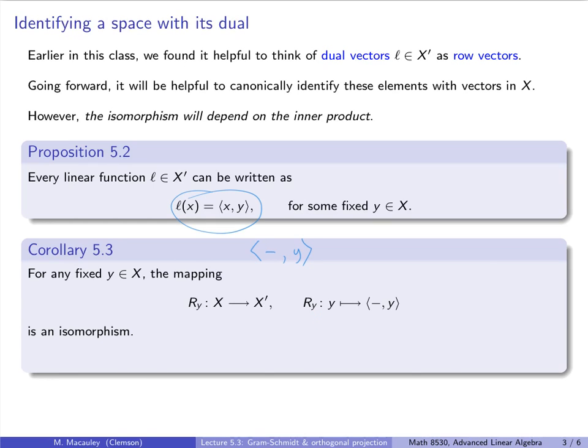I'm calling this r y, but there is also an analogous isomorphism, call it L x, that takes a vector x and plugs in something to the right-hand coordinate and sticks x in the left-hand coordinate. Now these are really almost the same map because this inner product is symmetric bilinear form.